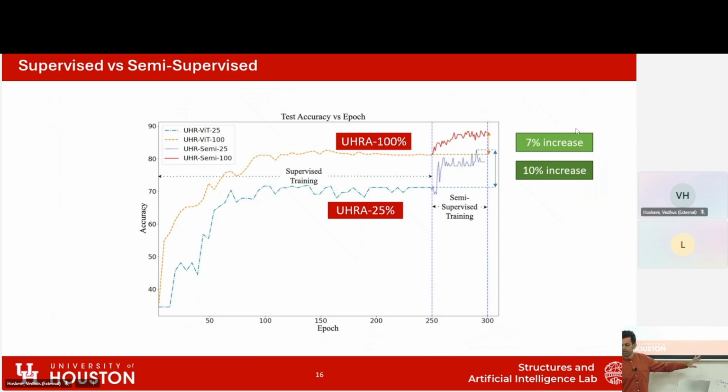If you have only 25%, in this case around 260 images, then you can get a bigger increase with the semi-supervised learning, but the overall performance is still lower. So we were just studying what the increased difference is going to be when you have all of the training data.